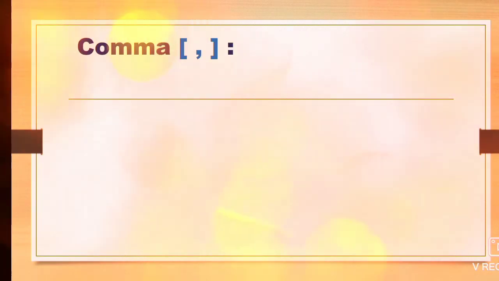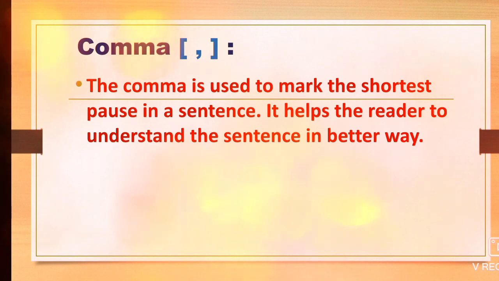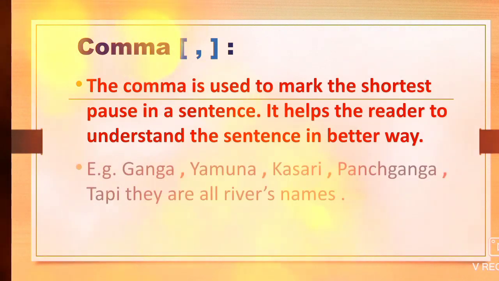Then comma. The comma is used to mark the shortest pauses in a sentence. It helps the reader to understand the sentence in a better way. It means we use this punctuation mark for a short pause in a sentence and you easily understand lengthy sentences in a better way.